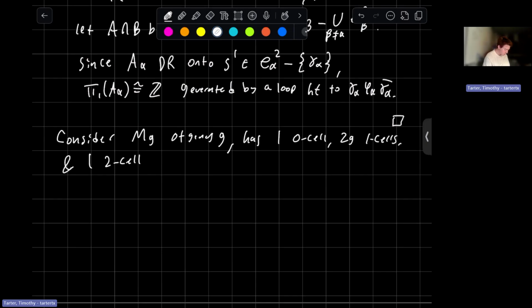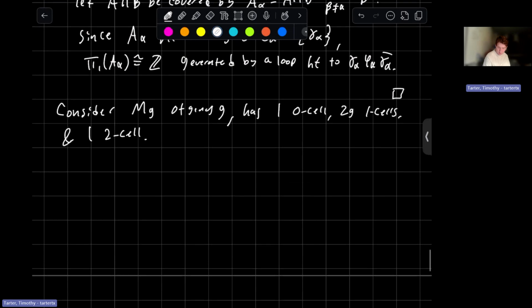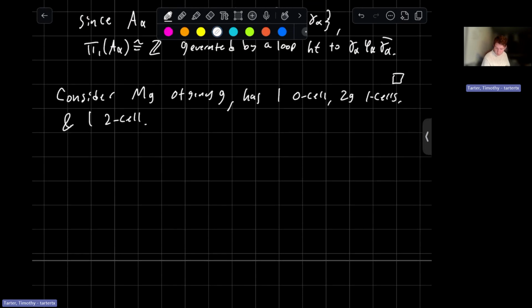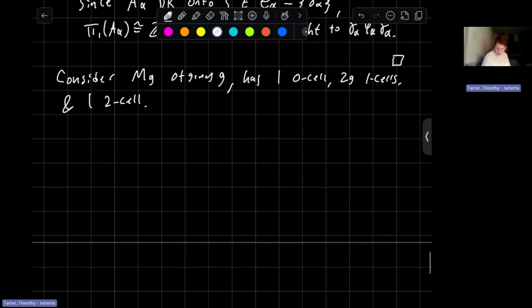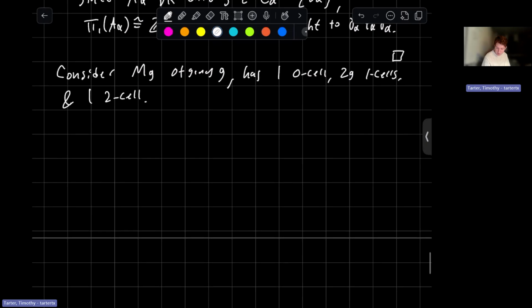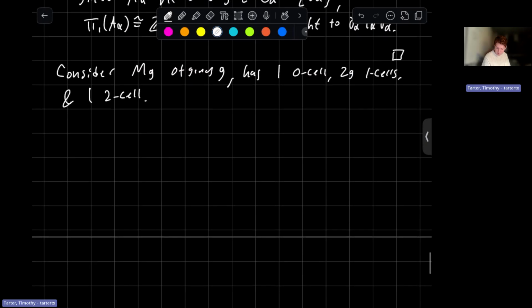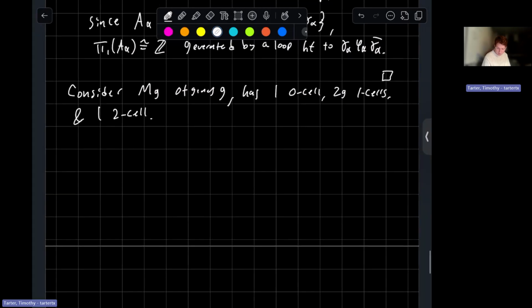As we saw in chapter 0, the 1-skeleton is a wedge sum of 2G circles with fundamental group free on 2G generators. The 2-cell is attached along the loop given by the product of the commutators of these generators.